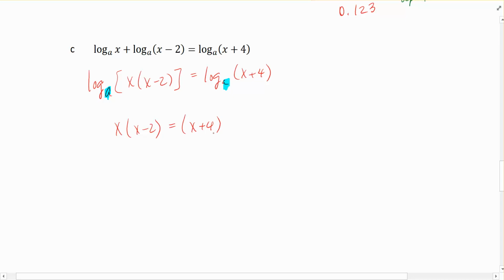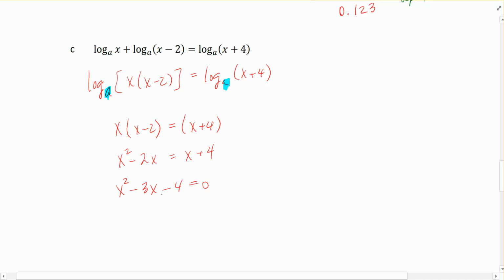So just simply removing the parentheses from the left, I get x squared minus 2x is equal to x plus 4. Again, I have a quadratic equation, so I'm going to move everything over to the left and set it equal to 0. So I get x squared, when I subtract x, I get minus 3x, and I'm going to subtract 4, setting it equal to 0.